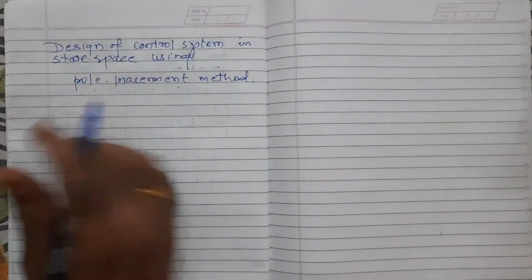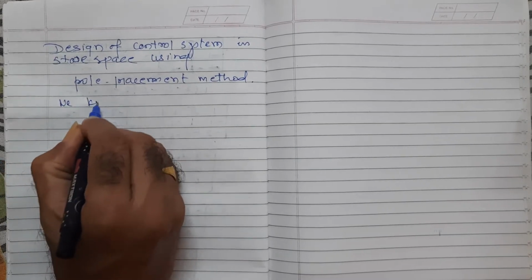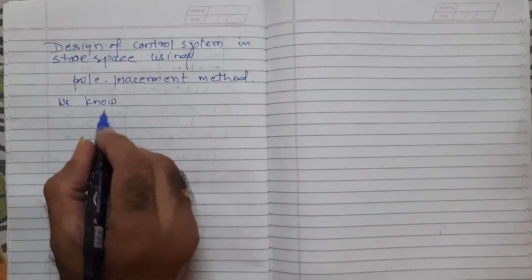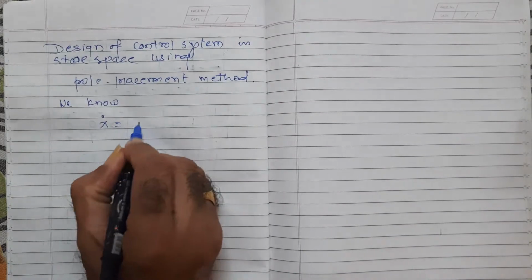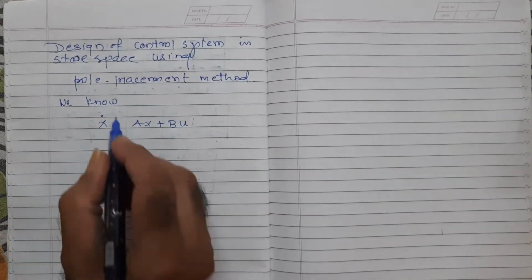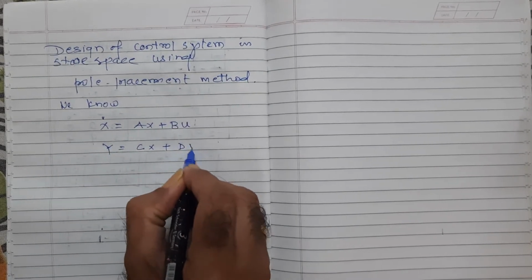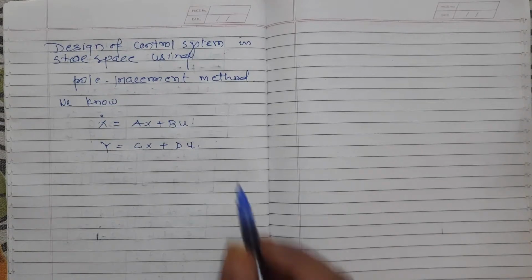Now see here, we know x dot equals Ax plus Bu and y equals Cx plus Du. These equations we know.